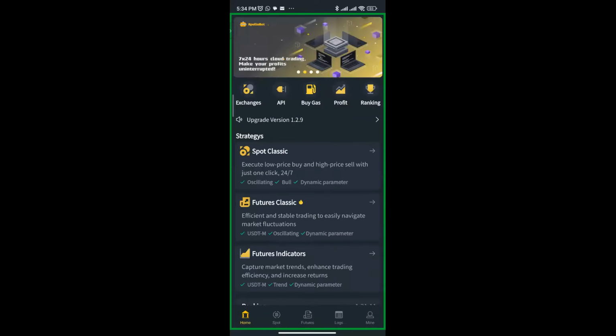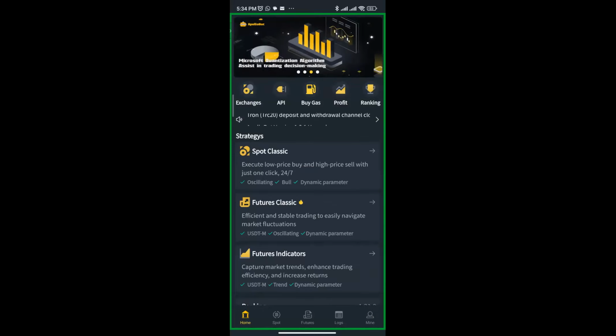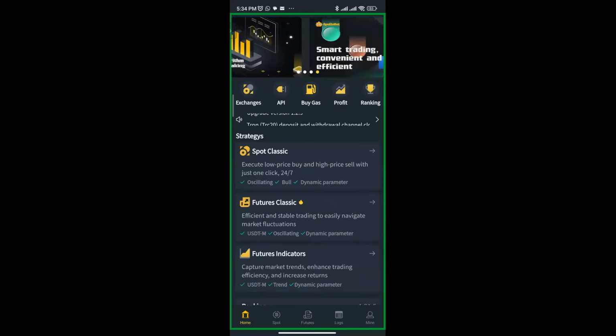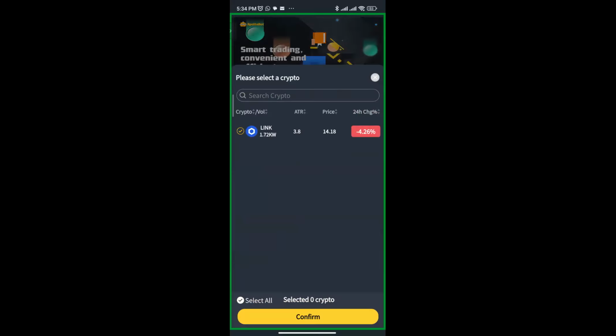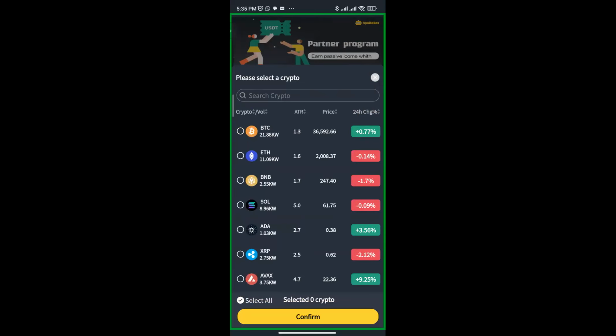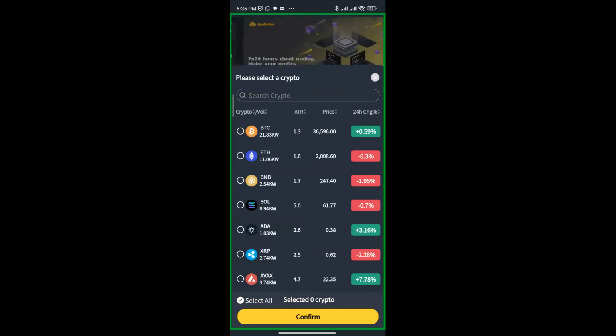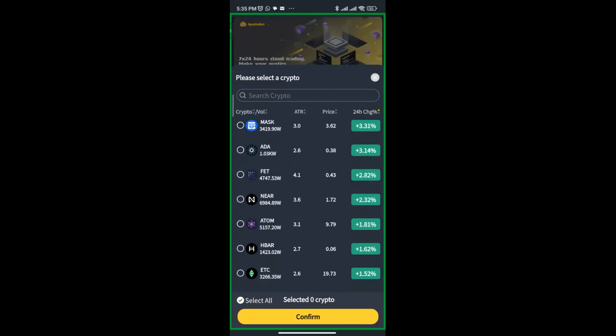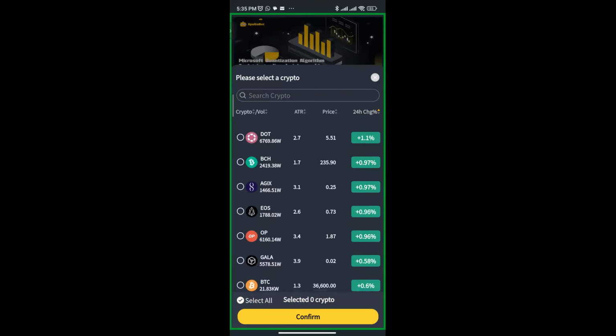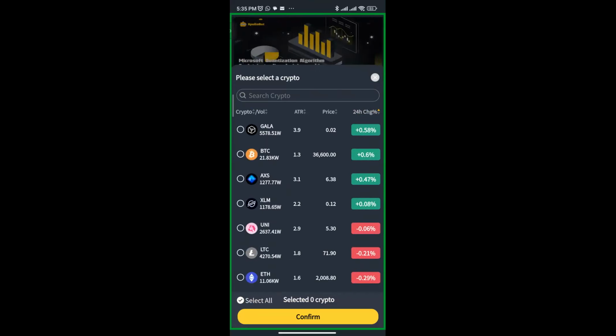So I've shown how we can tap into the spot markets using these systems. I've shown what to do. You look at the coin, look at the percentage change, you tap on the percentage change, and you see all the green. Just leave the green and come down to the coins that are already in red.